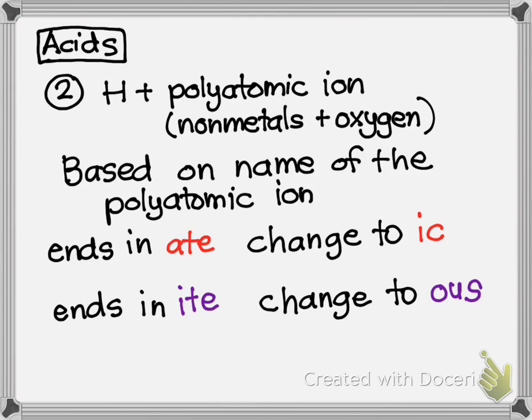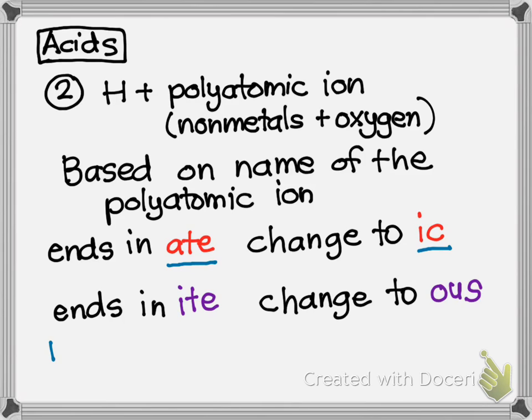So here's the basic rules, and then we'll do a couple examples. If the polyatomic ion ends in ate, then you're going to change that to ic. So let me give you an example below.